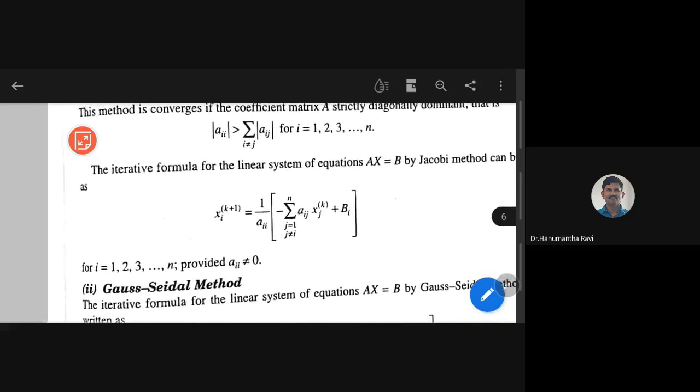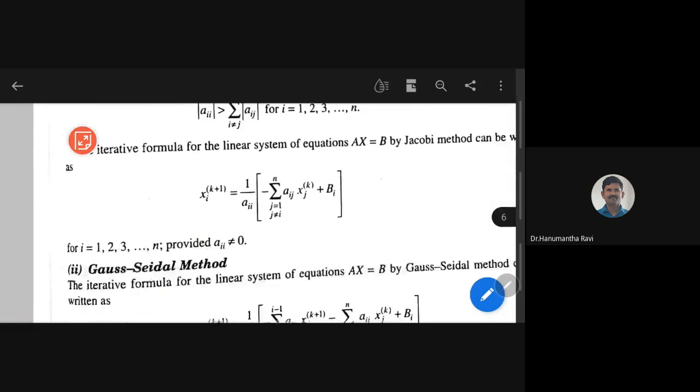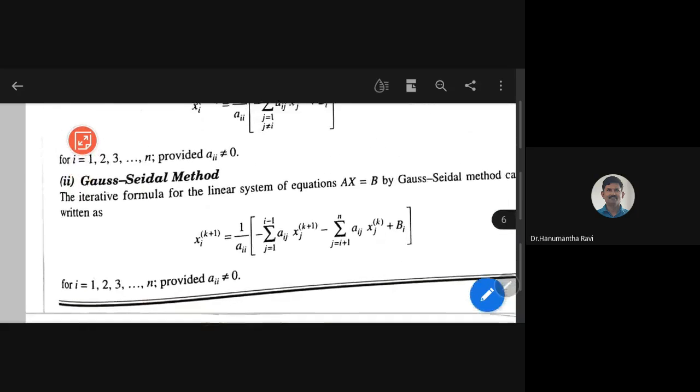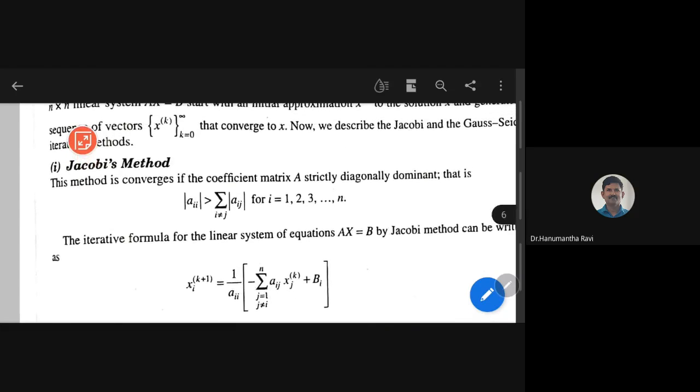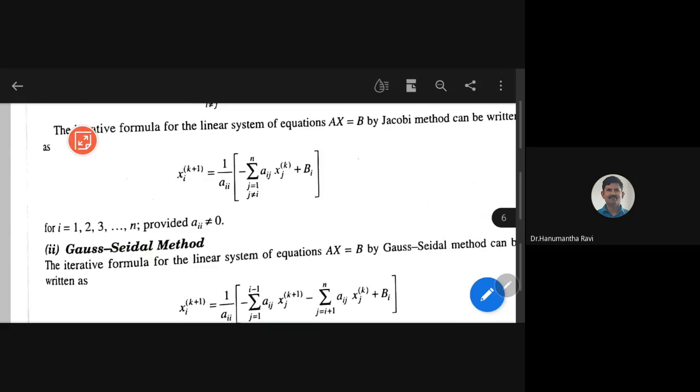Most prominent among the numerical methods which apply these ideas is the Gauss-Seidel method. Both the Gauss-Seidel method and Jacobi's method are numerical techniques for finding approximate roots of a system of linear equations.